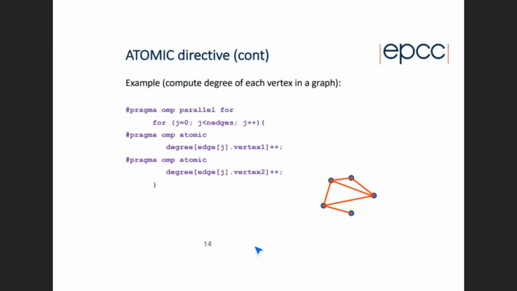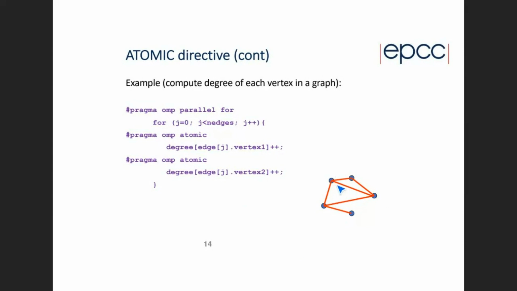Okay, so here is a short example. What this calculation does is this: if I have a graph, a graph is just a collection of vertices joined together by edges. What I want to do is compute the degree of every vertex in the graph, and the degree of a vertex is just the number of edges that are connected to it.